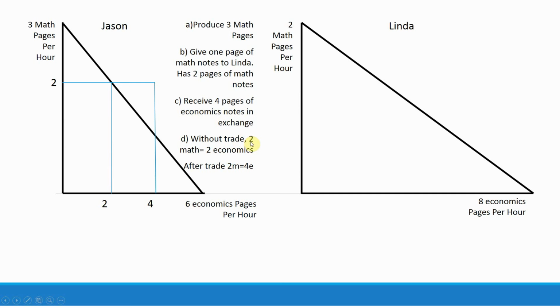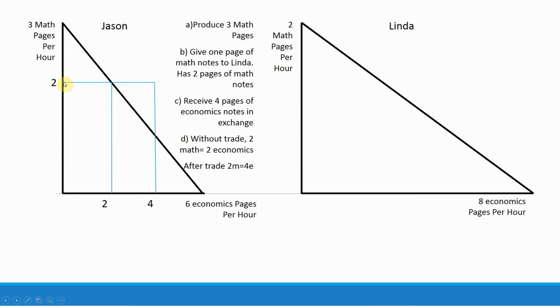Without trade, you can see it here. If Jason did not trade, he could start out deciding to allocate where he produces 2 math pages. Then that would leave him enough time to make 2 economics pages within the hour. But with trade, he subtracts 3 minus 1 is 2.